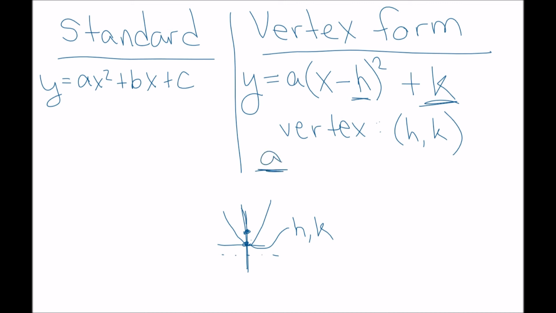If a is positive, in other words if a is greater than 0, then we have that positive parabola, which is a U shape. And if a is negative, or less than 0, then we have that negative parabola. How I remember this is, if a is positive, usually positive people are always smiling, so you can see that smiley face. And if a is negative, usually negative people are frowning, so there's that sad face.